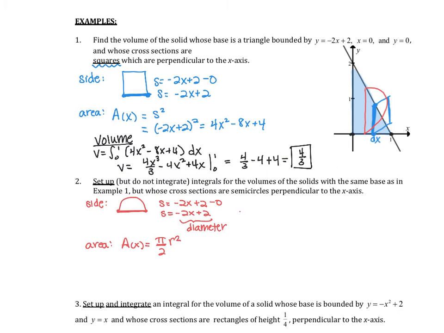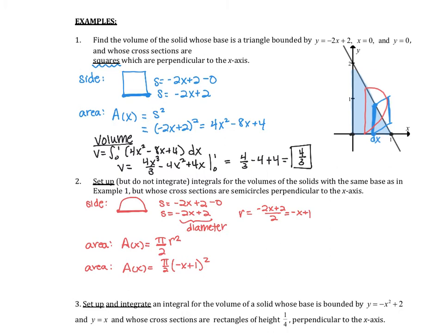Of course. r is negative 2x plus 2 divided by 2, which means it's negative x plus 1. So my area is pi over 2 times r squared, so times negative x plus 1 squared.